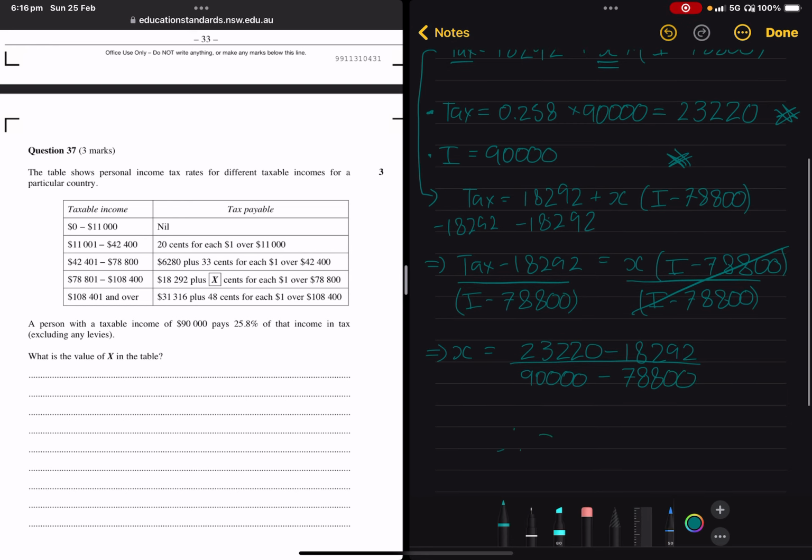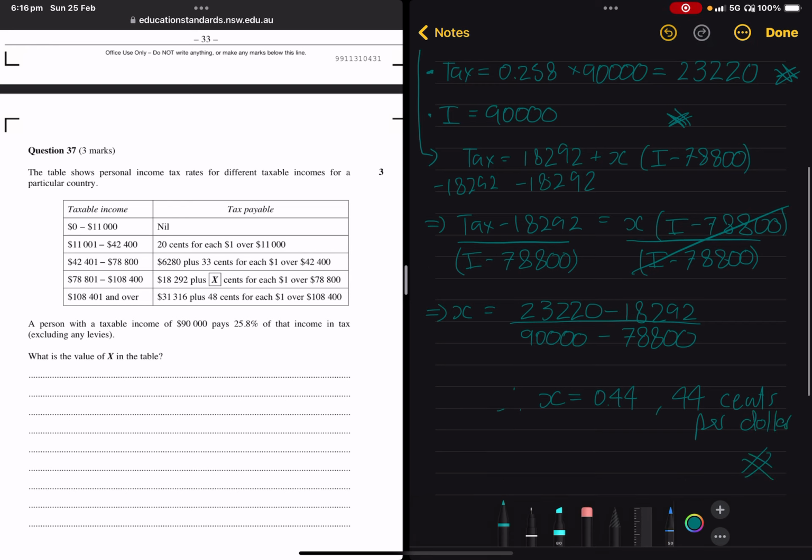So therefore, X, the value missing from the table, is 23,220 minus 18,292 divided by 90,000 minus 78,800. My calculator tells me it's 11 on 25, which is 0.44 or 44 cents for each dollar. 44 cents per dollar. And this is the answer to this question.